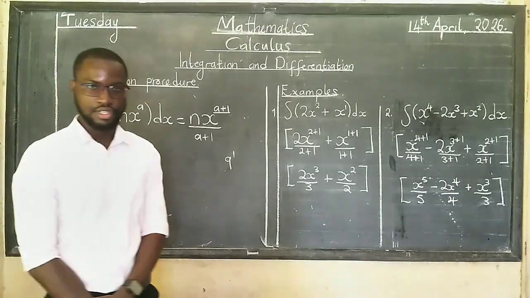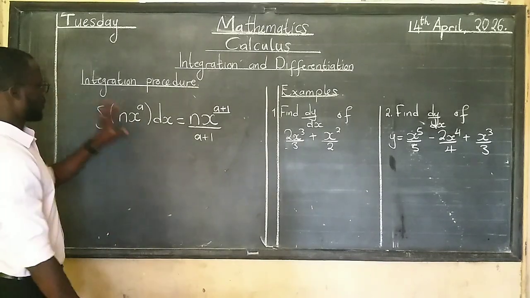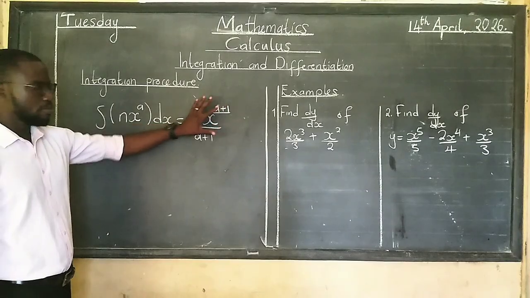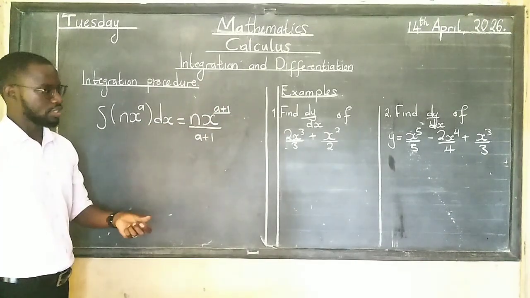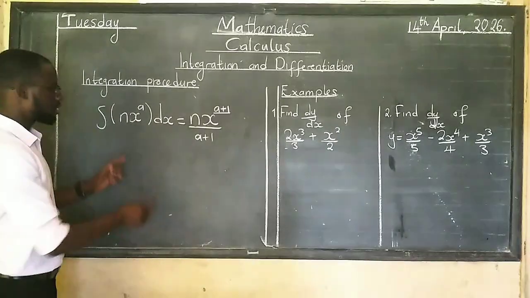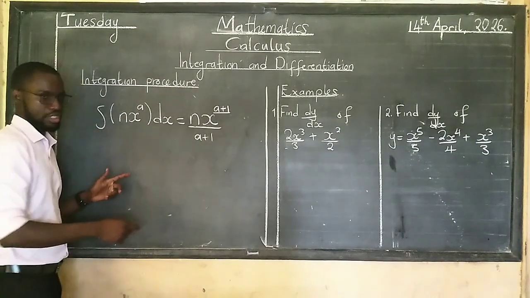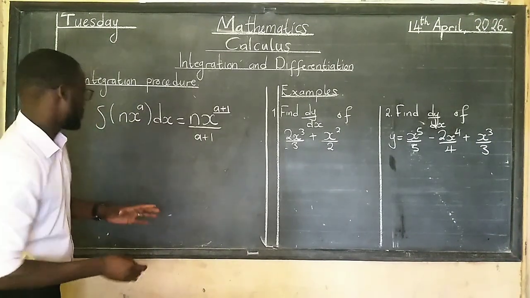Let's go to differentiation. Okay, so I'm supposed to get rid of this, but you remember I mentioned that if you know how to integrate, you also know how to differentiate, because it's the total opposite. So let's see if we can use the integration procedure to come up with a differentiation procedure.